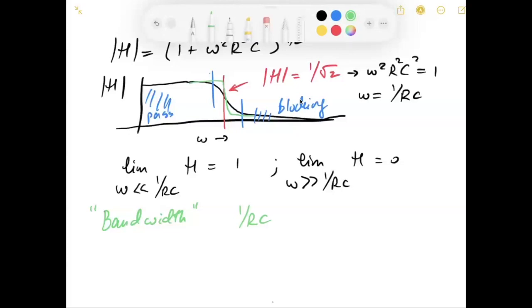And it's just another way of saying, tell me how big the frequency range is over which this filter passes, with the understanding that it's not going to be exactly 1 up to exactly that point. But roughly speaking, that's the frequency. If you stay below the bandwidth, your frequency comes out. If you go above the bandwidth, the signal doesn't come out. So that's what we mean by bandwidth.